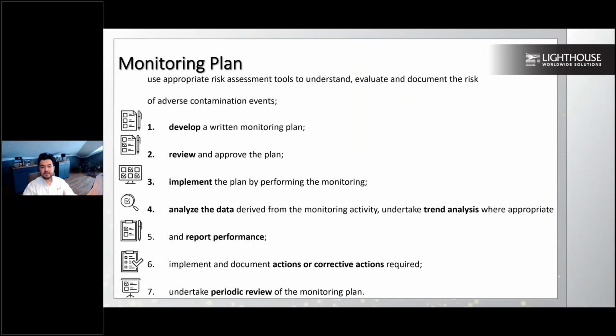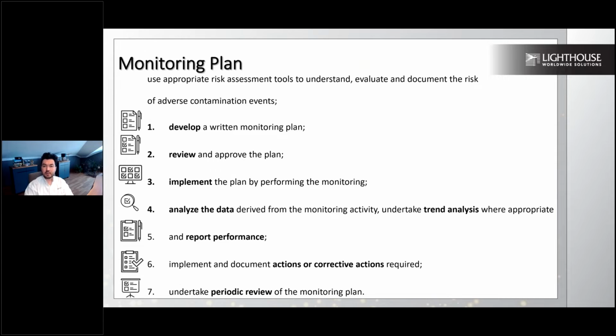So the monitoring plan is defined in 7 easy steps in ISO 14644-2. This is also the same requirement for all other international regulations such as GMP or FDA. So first, we need to prepare our monitoring plan. There should be a written monitoring plan that we developed.